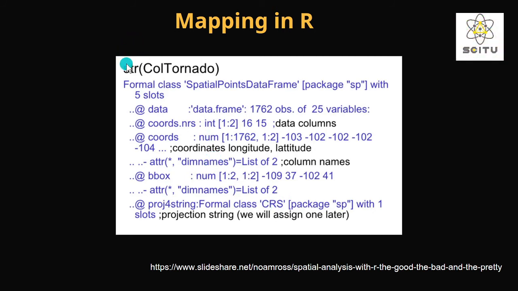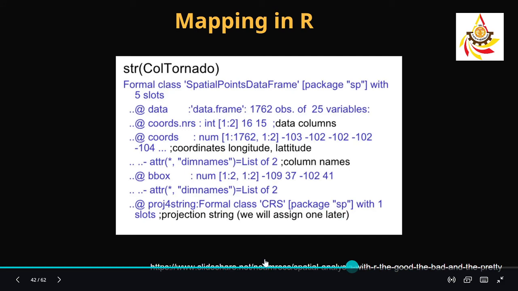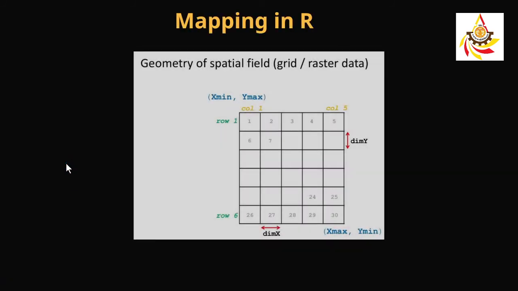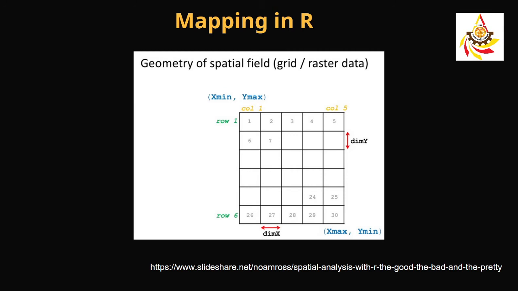By using the command str and the name of the data frame, after you run it, it will show the structure of the spatial data. Also, it looks like a spreadsheet when you refer to rows and columns of a grid file.